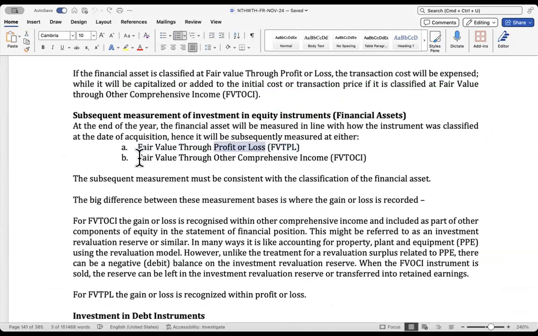But if you are measuring it at fair value through OCI, that gain, you are going to recognize it into your OCI. That gain will go to OCI. And that's the difference between measuring at fair value through P&L and measuring at fair value through OCI. I hope that is clear.